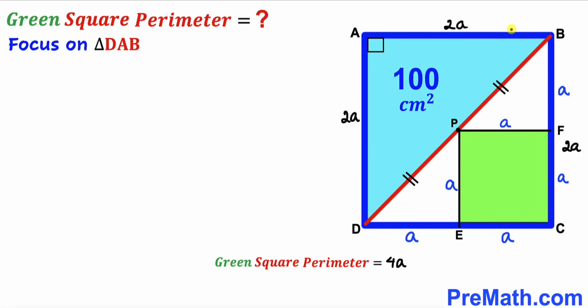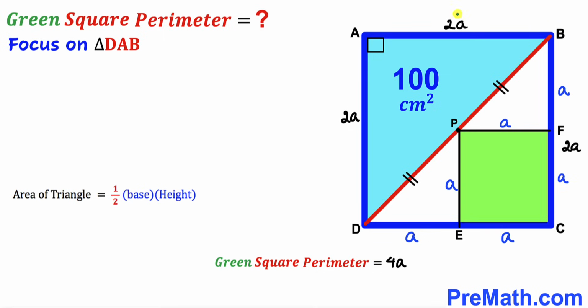And now we are going to focus on this blue shaded right triangle DAB. And bear in mind that this angle has got to be a 90-degree angle since we are dealing with this blue square. And since the area of this blue shaded triangle has been given to us as 100 centimeters square, let's recall the area of a triangle formula. Area is always equal to half times base times the height of the triangle.